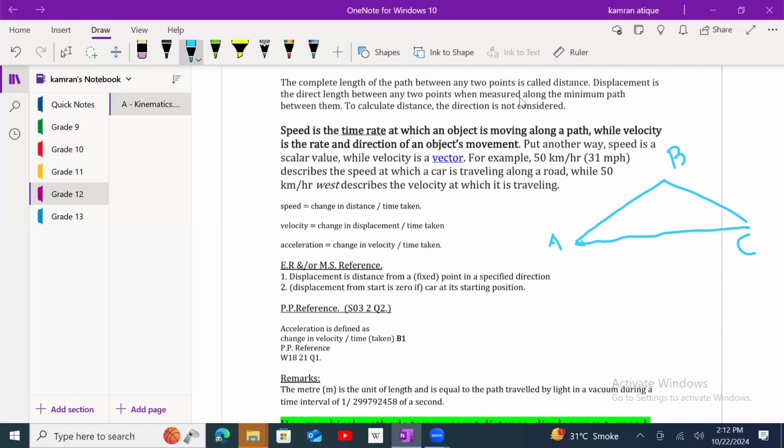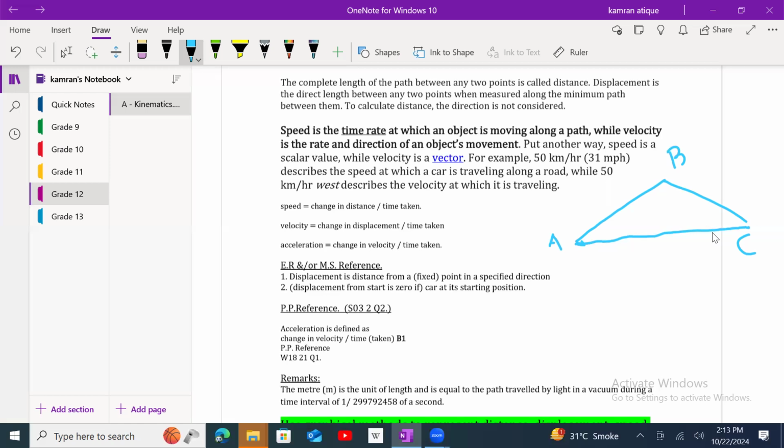Displacement, on the other hand, is the direct length between any 2 points when measured along the minimum path between them. Although the road was not available between A and C, we used the helicopter, as we have the facility of a helipad in town A and in town C. So we can go by air from A to C, and that route will be called the displacement of A to C.